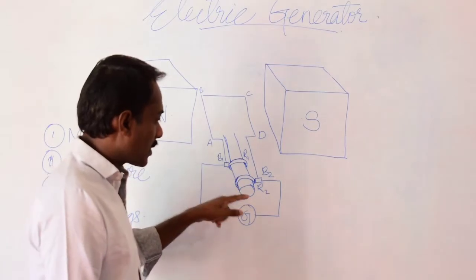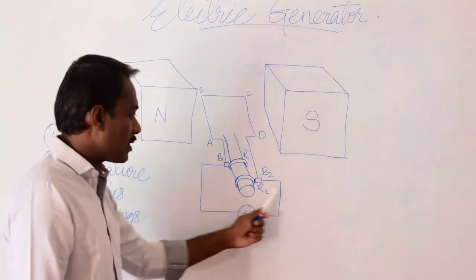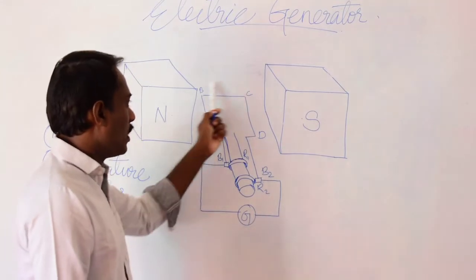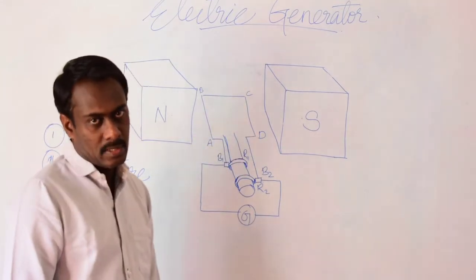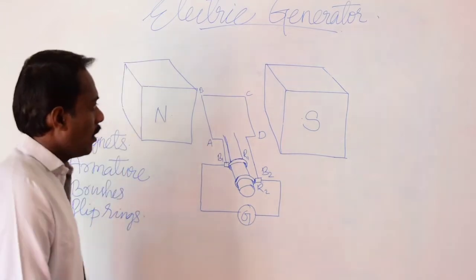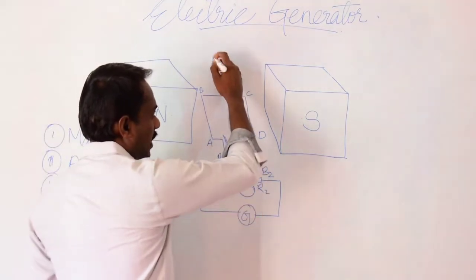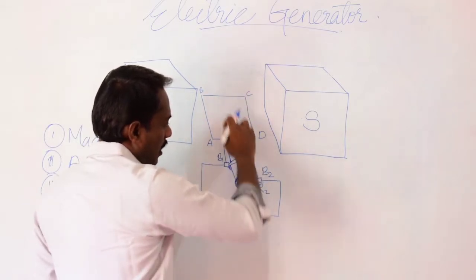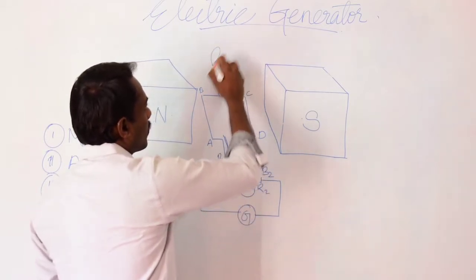The shaft or axle passes through the axis of this rectangular coil, and may be connected to a turbine.